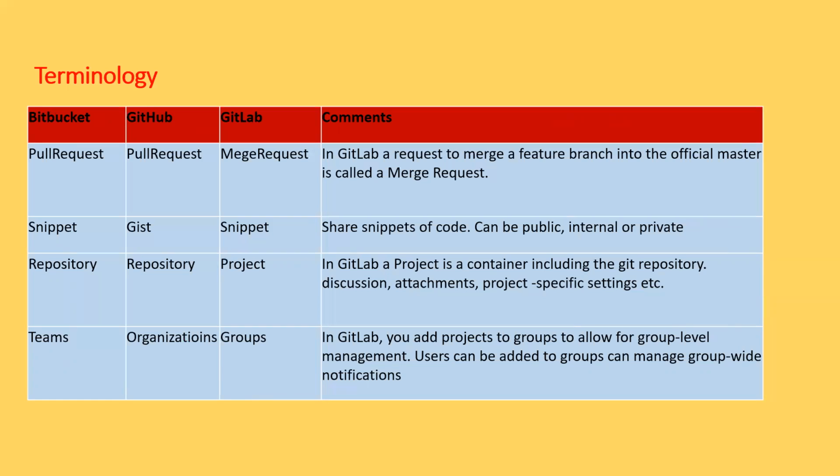In GitLab, it's a project. And again, in Bitbucket, the terminology is teams, in GitHub it is organizations, and in GitLab it is groups. So these are the main terminologies we frequently use in repositories, and based on your service provider, the name and the way of calling or the command will change.